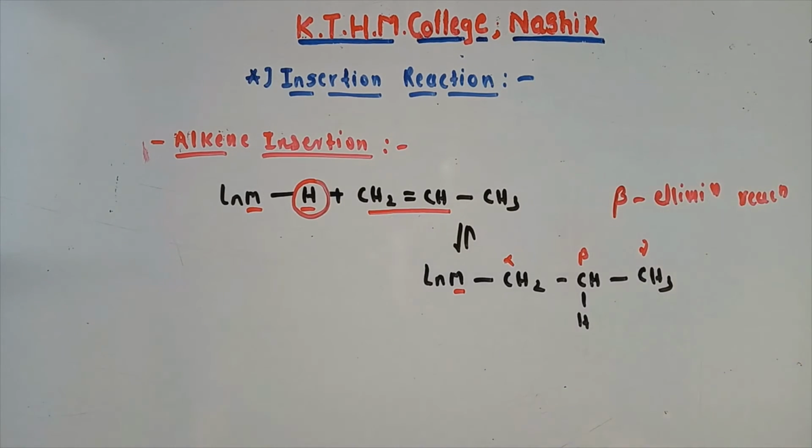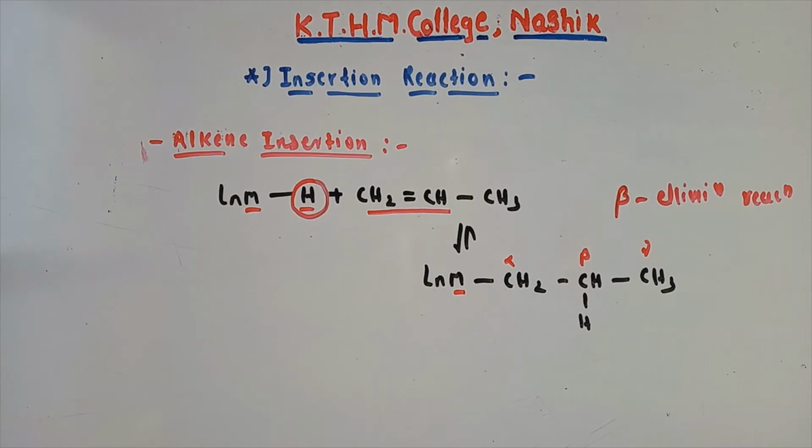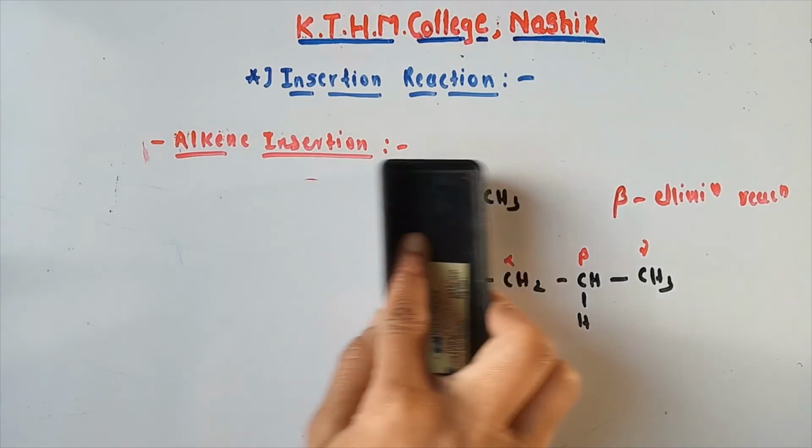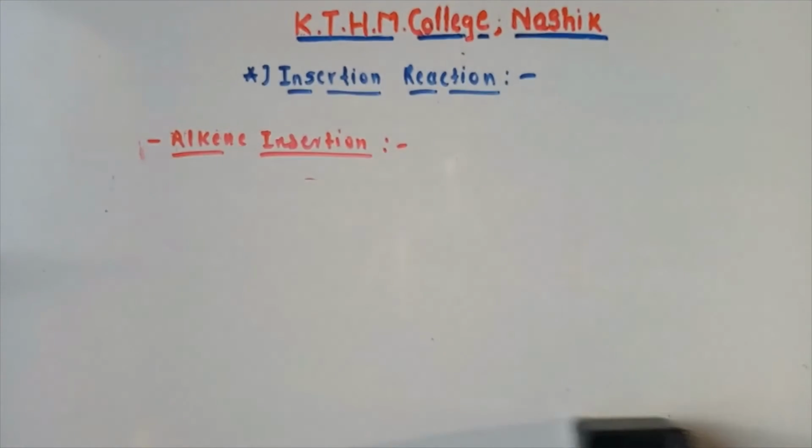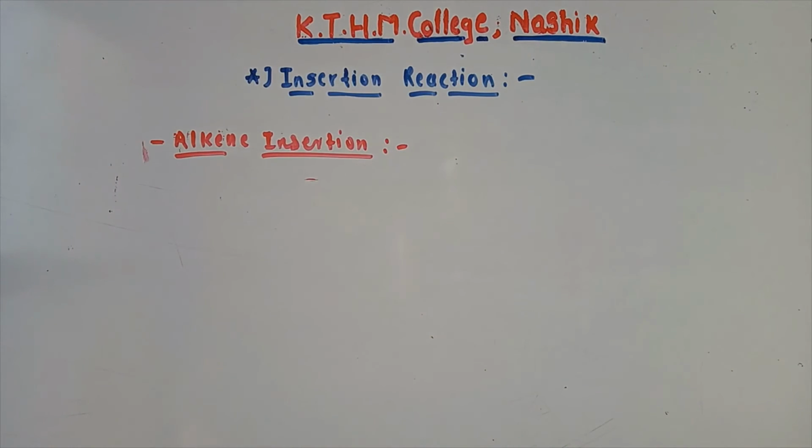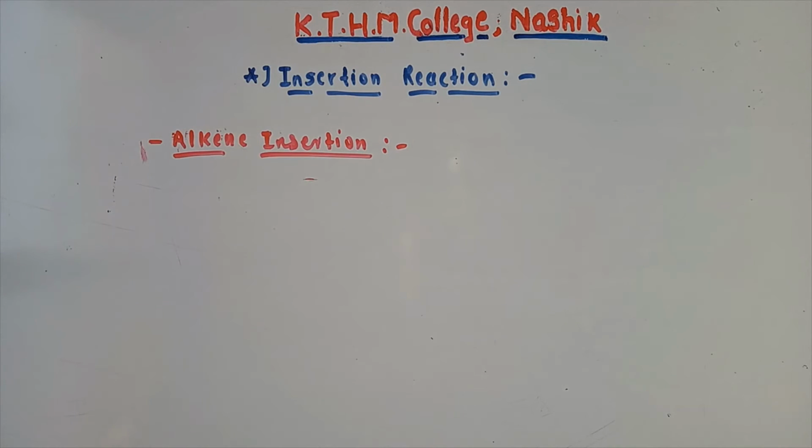This is also a very simple reaction like carbonyl insertion. Now let's see another example. You only have to remember that in alkene insertion there is transfer of a hydrogen atom from the metal atom to the beta carbon atom of the carbon-carbon double bond.